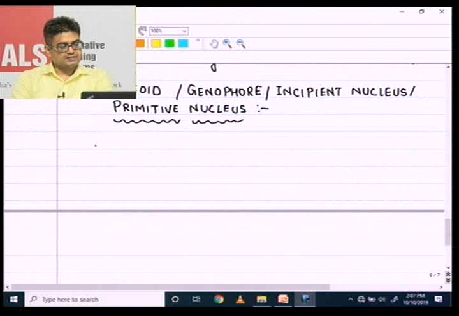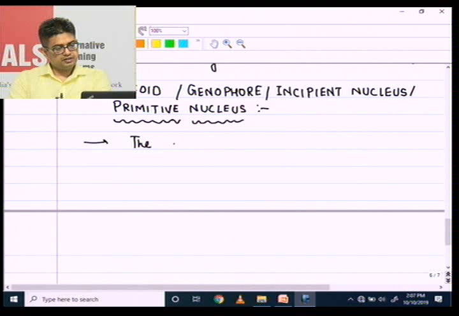So this is the genetic material of bacteria.